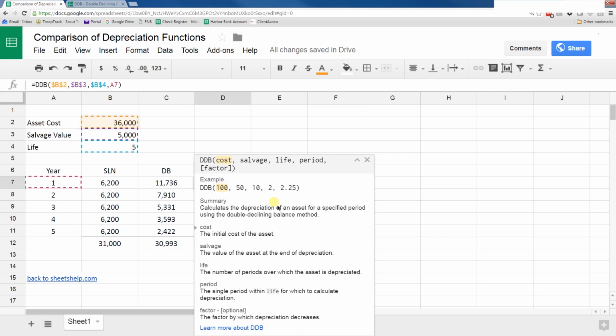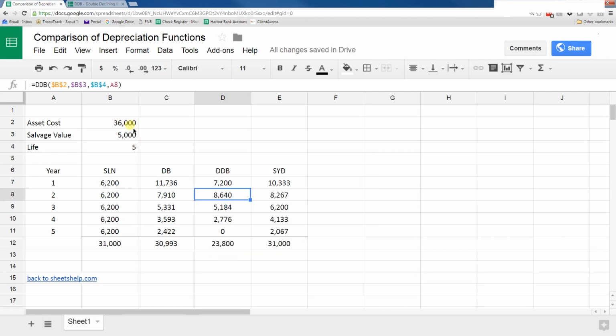And one of the differences is the last input is called factor, and that's how you can change the speed of it. I left it out to make this example simple, but you can make it go faster or slower by changing that. I think the default is 2. It's 14,400. If you go in here and change it to 2, it's still 14,400. If you make it 2.5, it's 18,000. Now the ones below I didn't change, so it doesn't balance right now.